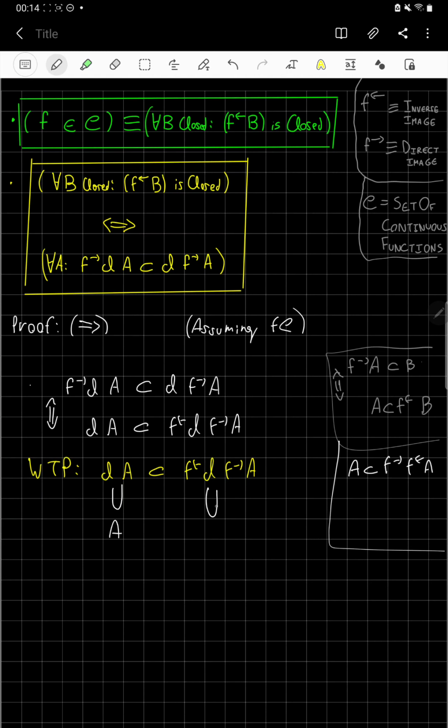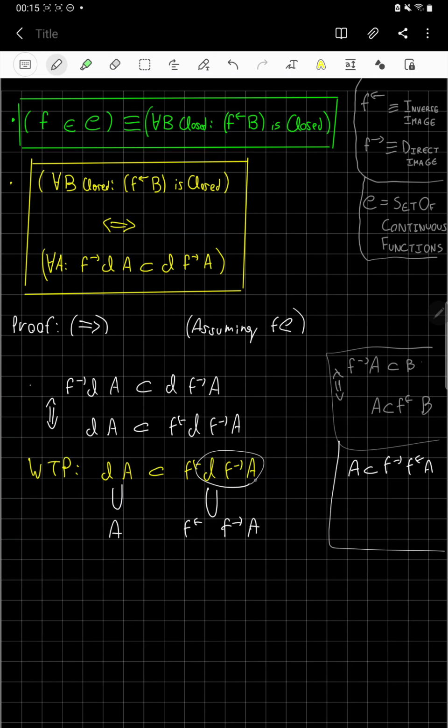We know this is contained in the inverse image. So we can make this smaller and we'll obtain something smaller.